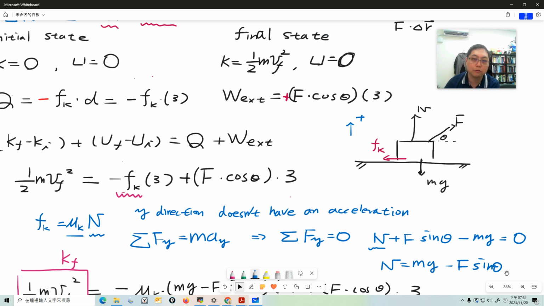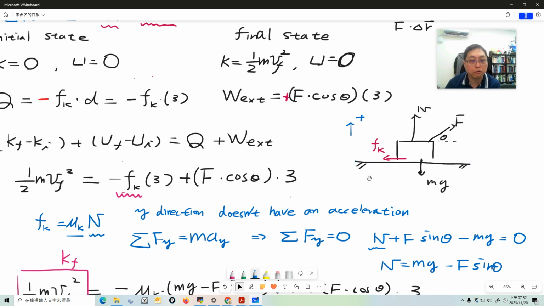If you have a very large theta, the component that does the work becomes very small, because it equals F cosine theta. If theta is very large, you have a very small F cosine theta, and you cannot keep the maximum velocity. But you still need some theta to reduce the normal force and the friction. So there will be an optimum value of theta.